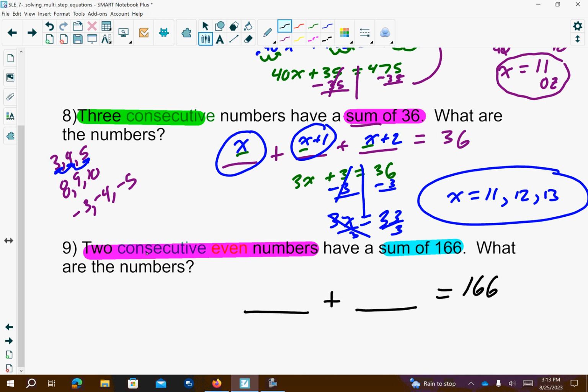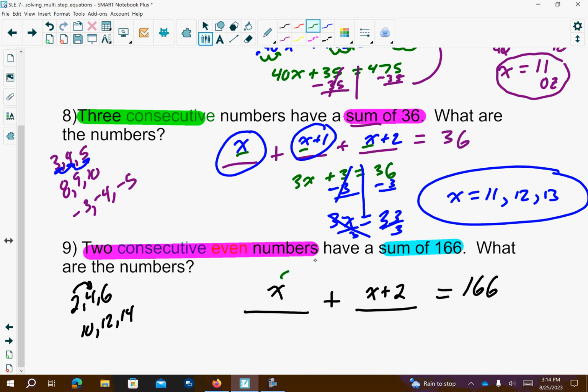Let's define this a little bit. We already said consecutive is one after the other. Consecutive even would be like 2, 4, 6, or 10, 12, 14. So how many apart are these? Well, if the first one was x, what do I have to add to 2 to get to 4? 2 is right. So x and x plus 2.